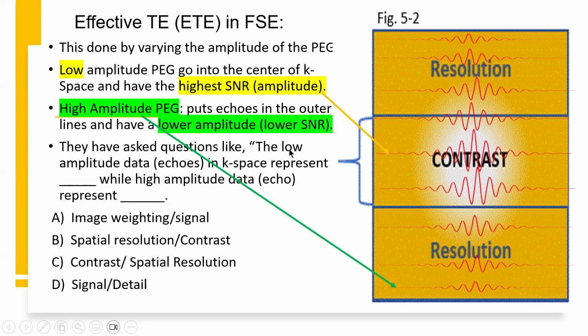Low amplitude data echoes, that's these guys, represent what, while the high amplitude data echoes represent what? So the low amplitude represent spatial resolution, and the high amplitude represents your contrast. So the answer to this one would be B, and I'm spending extra time. Anybody have questions on this?